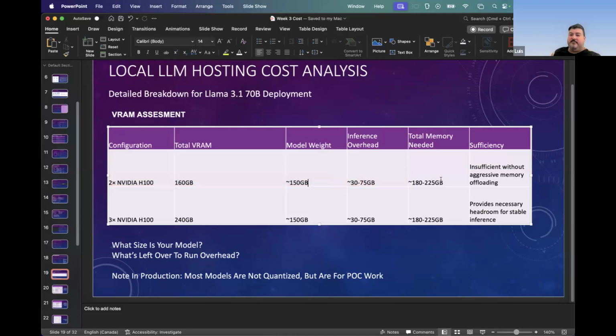So you need at least 180 to 225 gigs of extra memory, right? So you would need about three NVIDIA H100s. Looking at that, we'd have about 240 gigs of RAM, which should be sufficient because it meets our total memory needed, and provides the necessary headroom for stable inference.